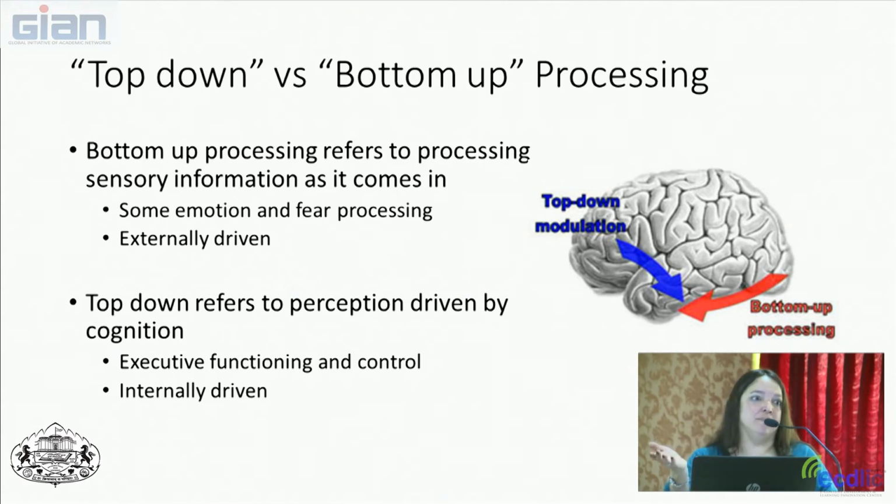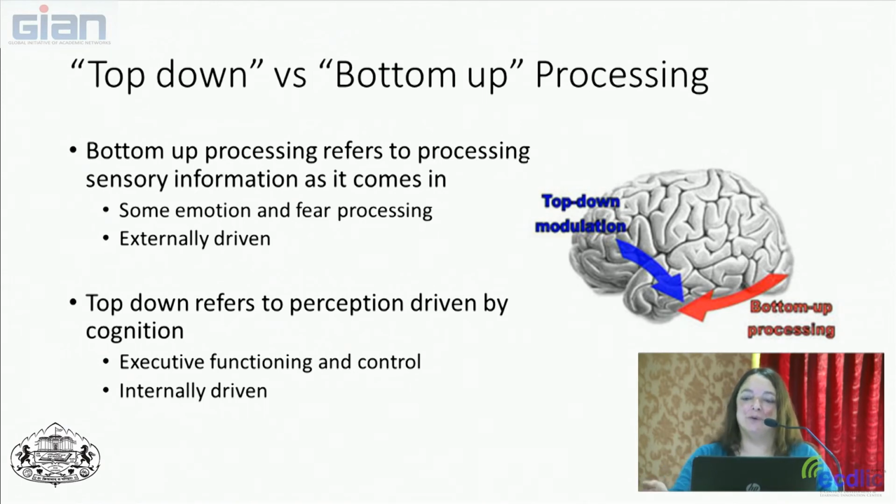So maybe you see some kind of stimuli in the environment and you know it's bad for you. That's where your top-down modulation comes in and says, no, I don't want to do something that's bad for me. Or maybe not, depending on the person, I suppose. But that's the difference between top-down and bottom-up.